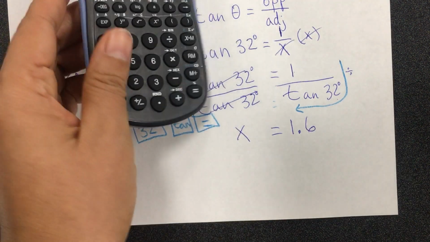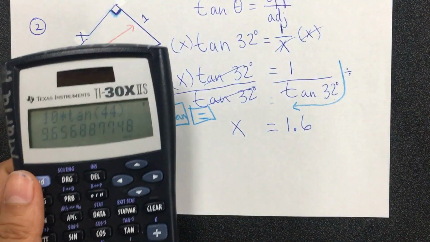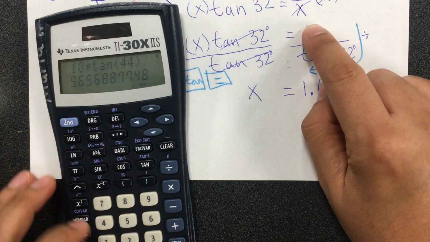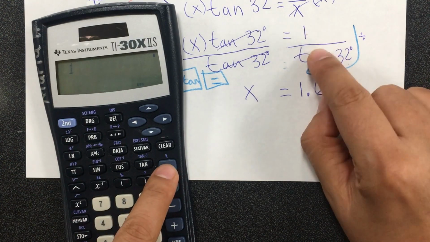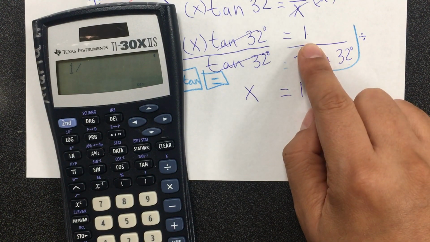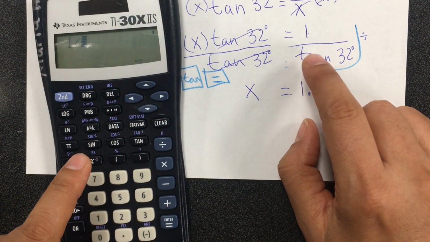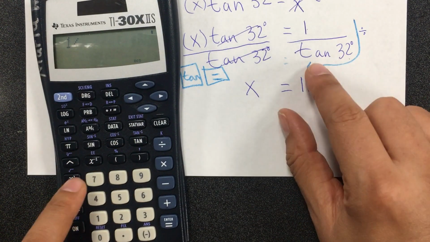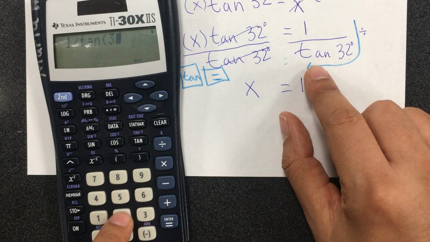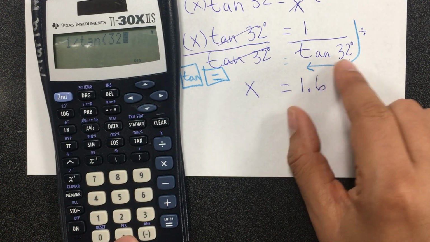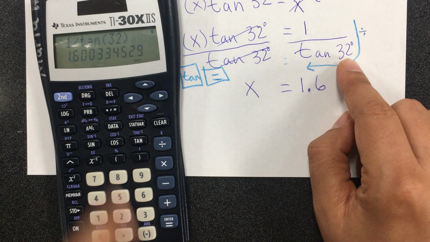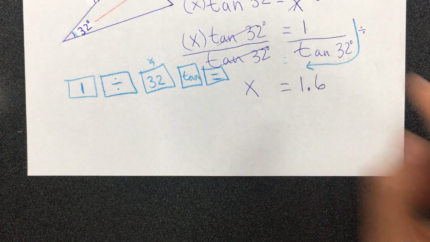With the other calculator, it's going to be 1 divided by, so this part is the same for both. For this calculator, you're going to do tangent of 32. Tangent, and it opens parentheses, of 32. Okay? You close your parentheses and you put equal. 1.6.